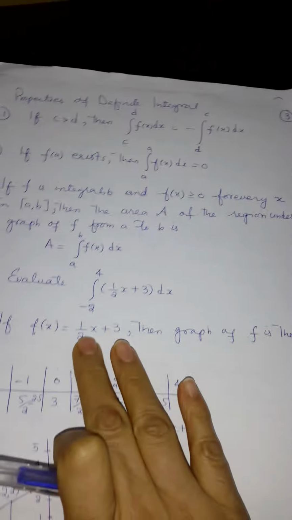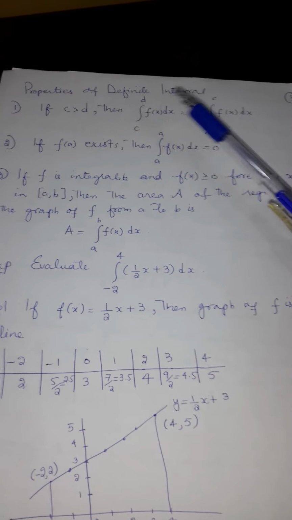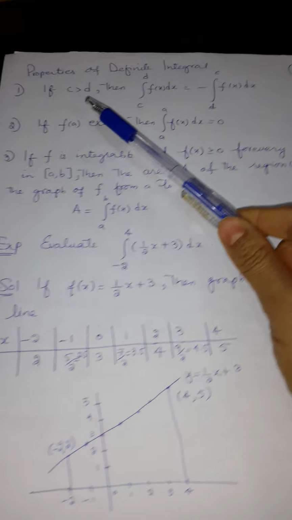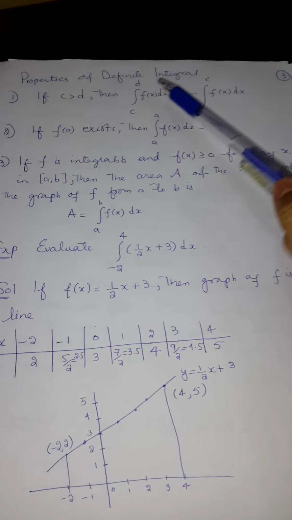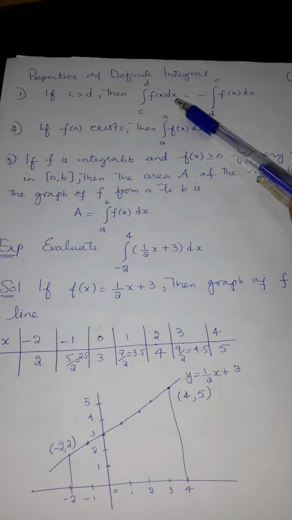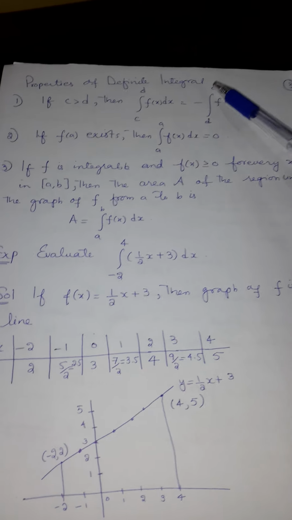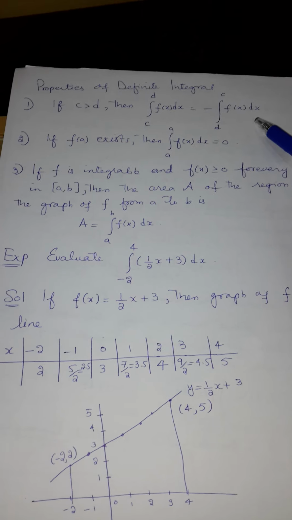Next we come to the properties of the definite integral. The first property is: if c is greater than d, then the integral from c to d of f of x with respect to x is equal to minus the integral from d to c of f of x dx.